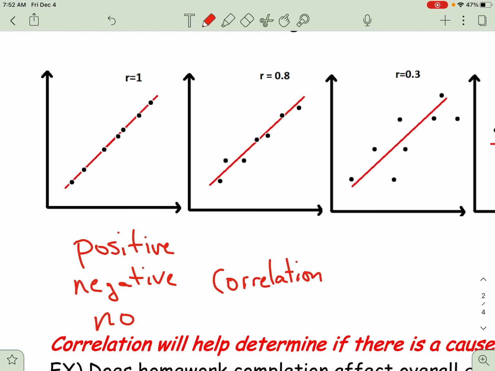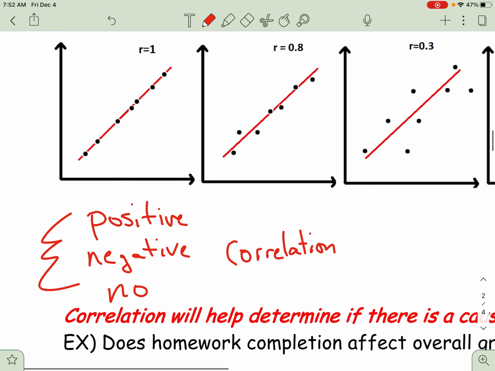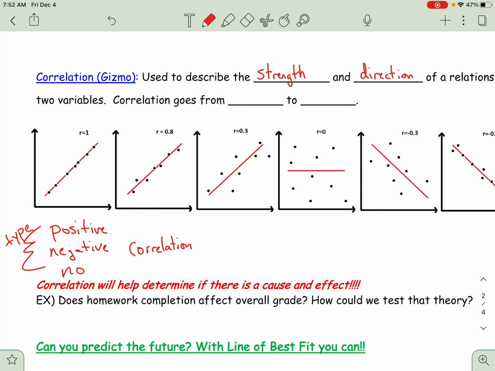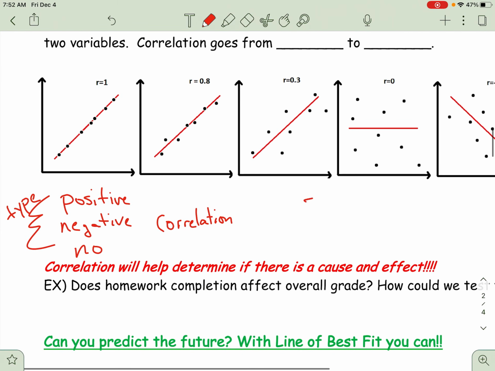Okay, so these are all the types that you could have. And then you could also have how strong they are. You could say that it's very strong, it's moderate, which just means it's okay, it doesn't show a whole lot, or it's weak.